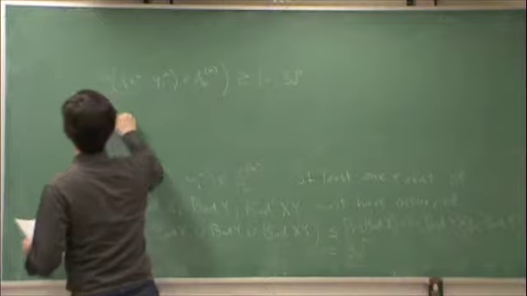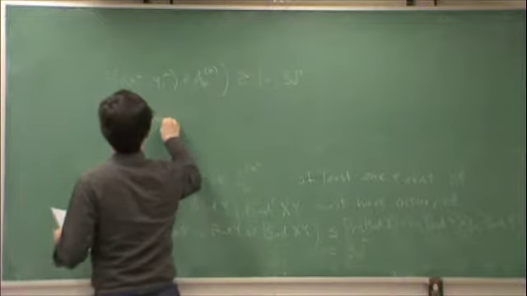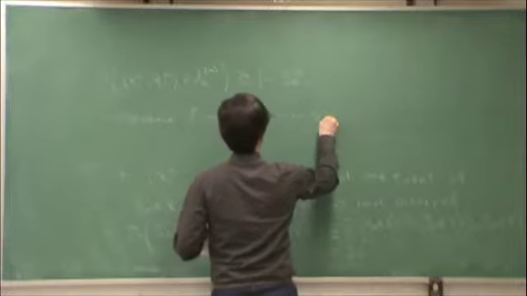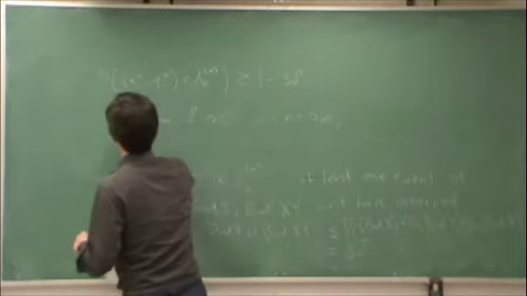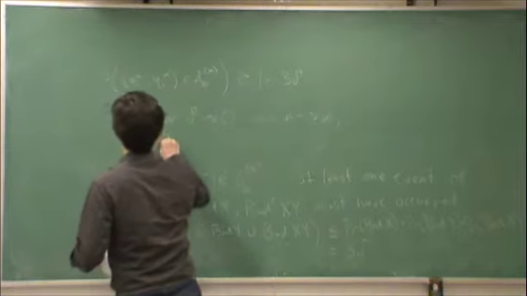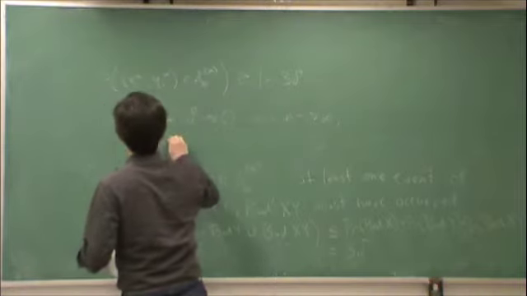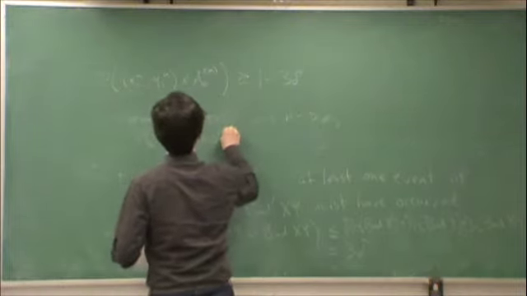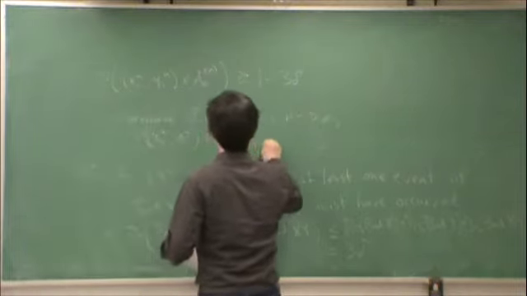So because delta can go to 0 as n goes to infinity, that means the probability of being in the typical set goes to 1.